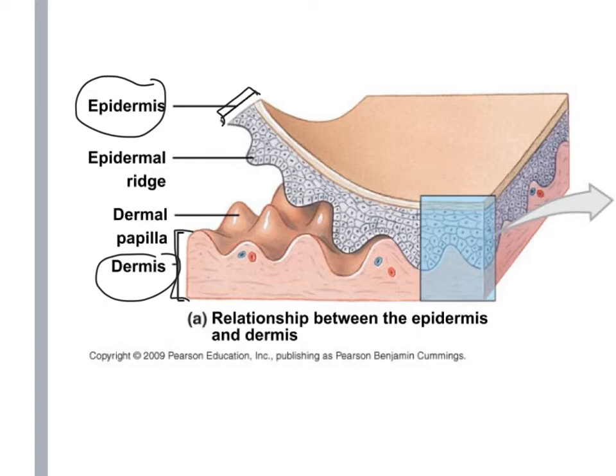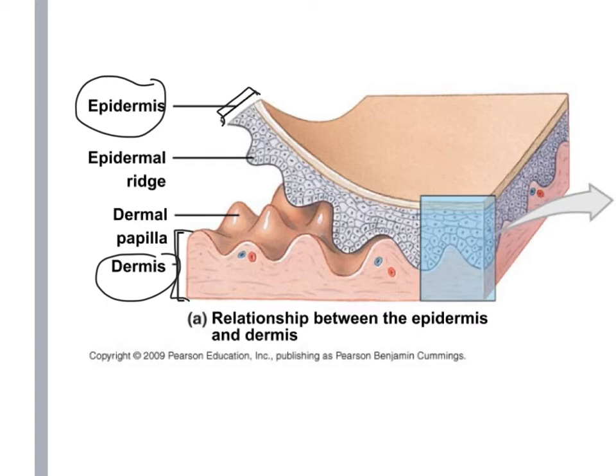And then the layers that are closest to the surface, they're kind of flat and squatty, so that's squamous. So those are stratified squamous cells. And what we said about epithelium is that when it comes in contact to the tissue below it, there is a basement membrane underneath the bottom cells. So we're going to have the epidermal cells, and then we're going to have the basement membrane, and then we have the dermis below it.